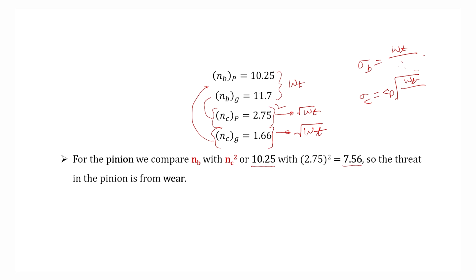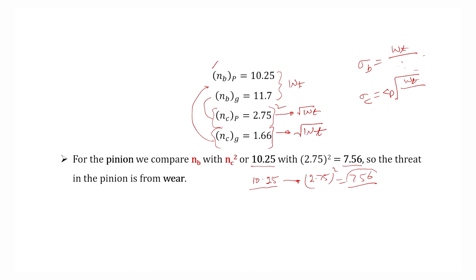So, if we are comparing the factor of safety of the pinion against bending and the factor of safety of the pinion against contact stress, then this 10.25 should be compared with 2.75 squared, that is 7.56. So, factor of safety of the pinion against contact stress is lesser than the factor of safety of the pinion against bending.